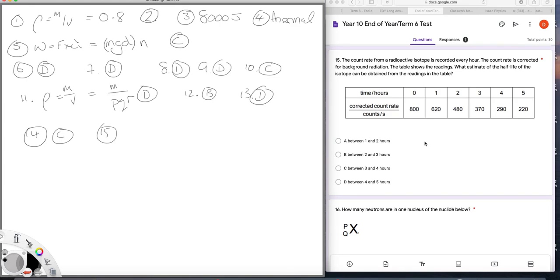So, in five hours, more or less halves. So it's a little less than 5. So D.